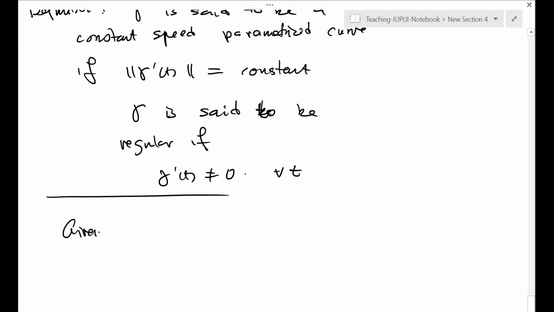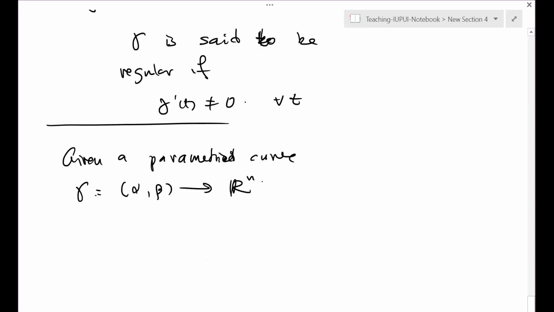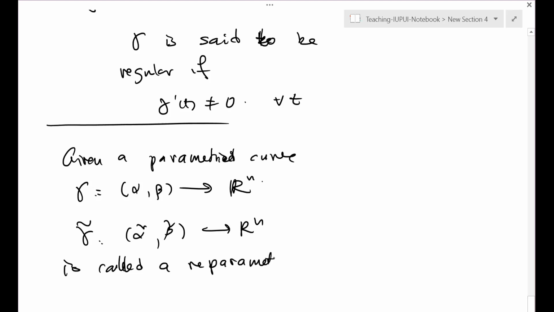So given a parameterized curve, then if another parametrization, gamma tilde, is called a reparametrization of this given gamma.